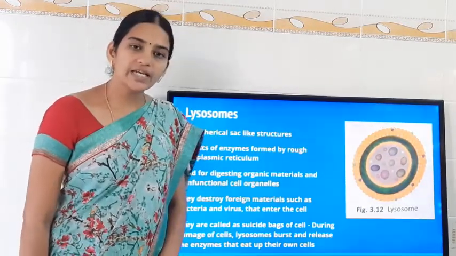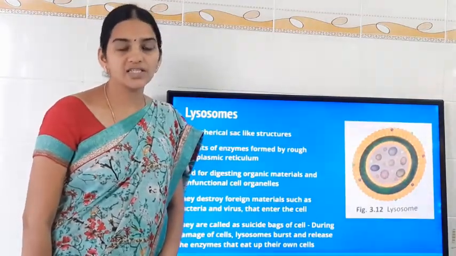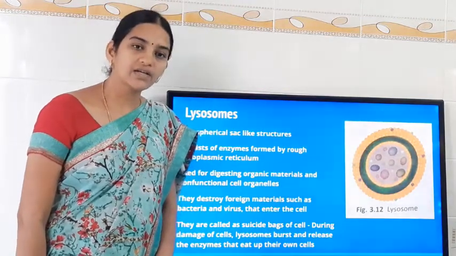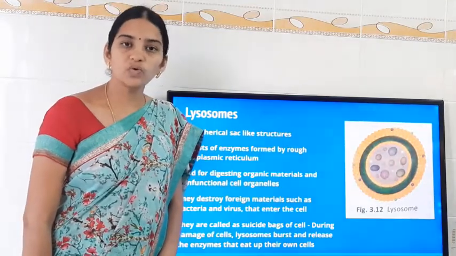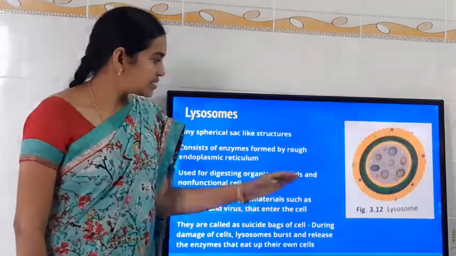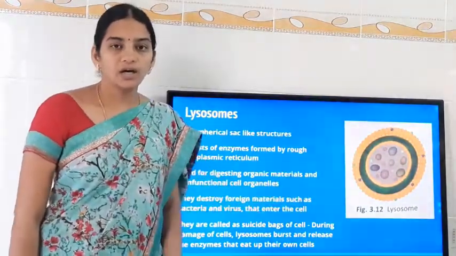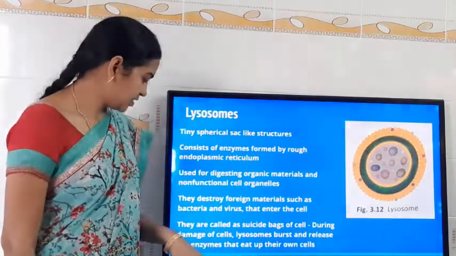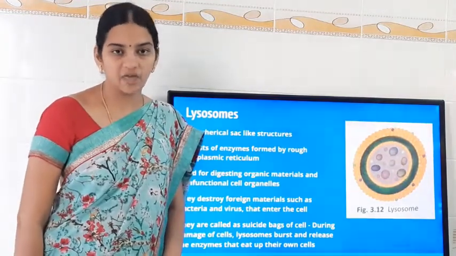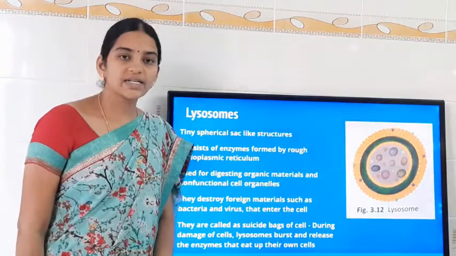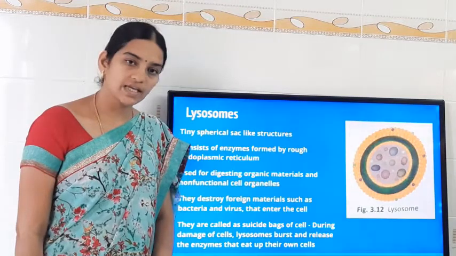Because of these powerful enzymes, lysosomes are capable of digesting any foreign particle like bacteria and virus which enter our body when our body is prone to infections. So lysosomes play a very important role when our body is prone to infection. As these lysosomes are capable of destroying foreign particles like bacteria and virus, they are considered the disposal garbage system of a cell.